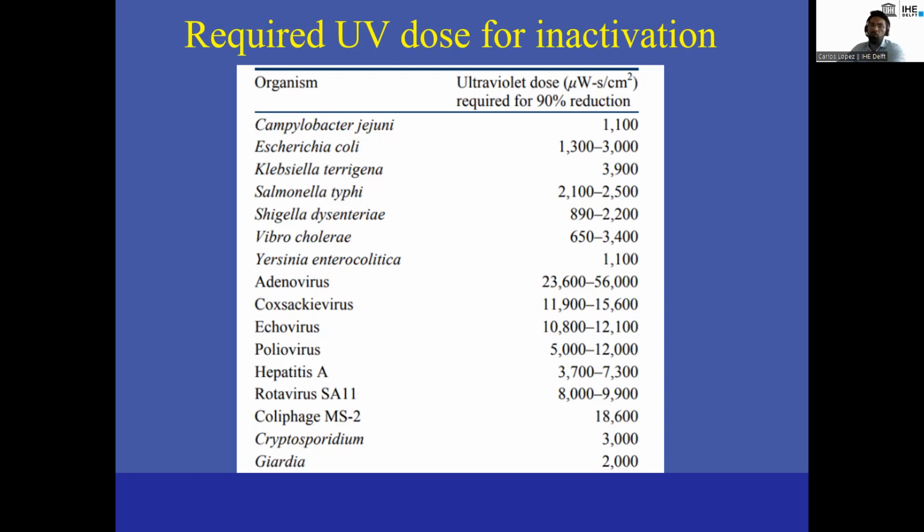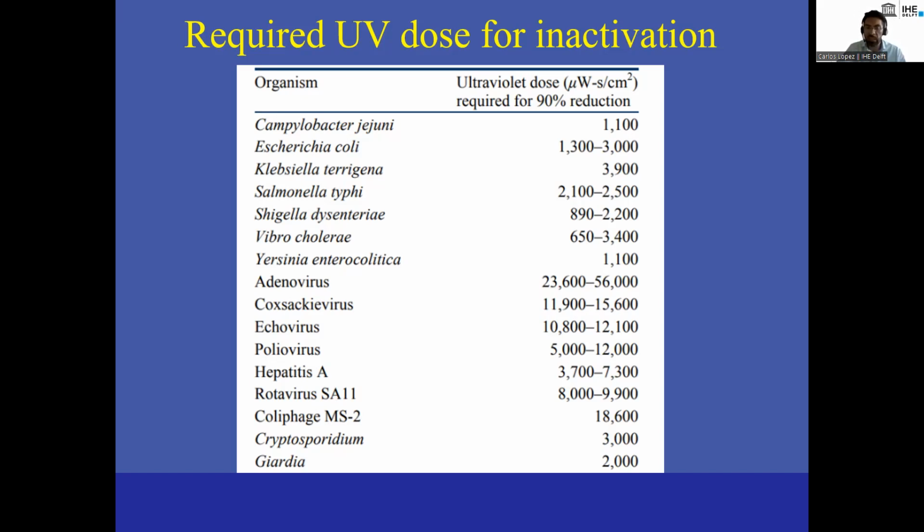We can see how, for example, for Campylobacter jejuni, that is one of the less resistant, we need an ultraviolet dose of only a bit more than 1,000. And the strongest ones are, for example, adenovirus, that we need 56,000, Cryptosporidium, 3,000, etc.